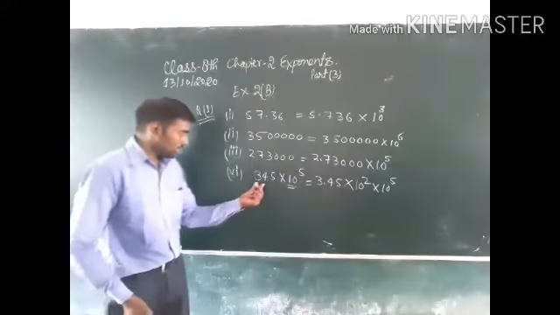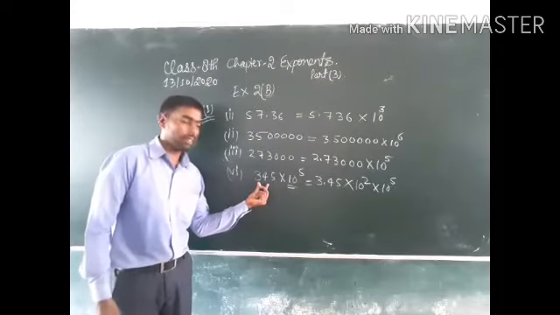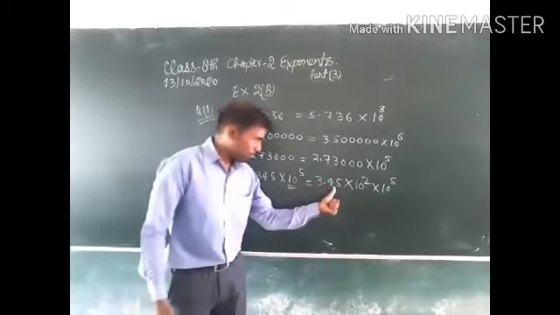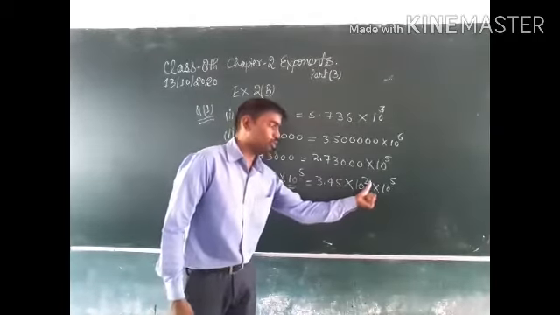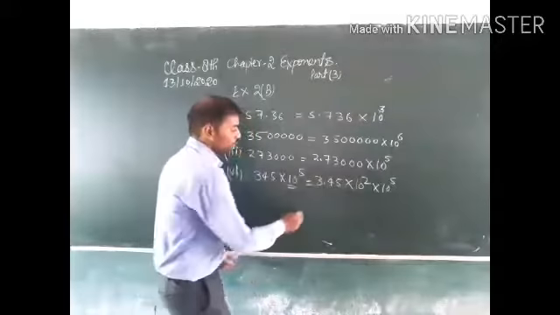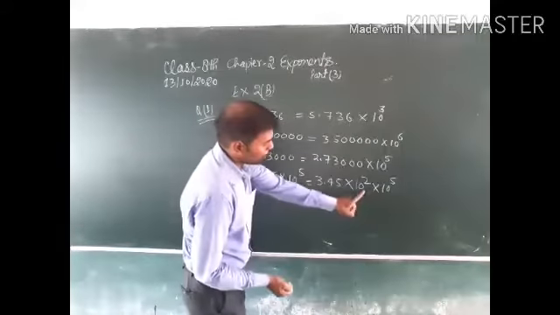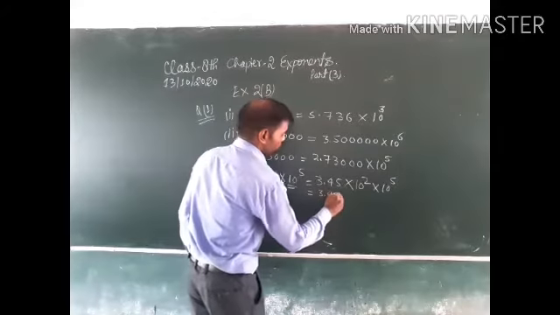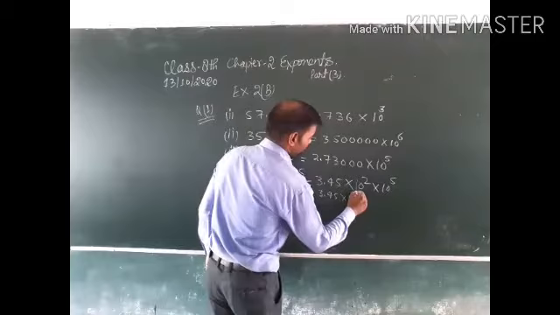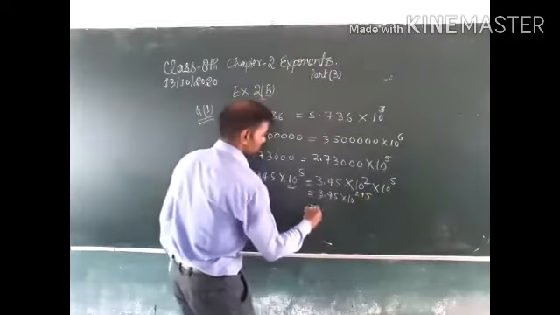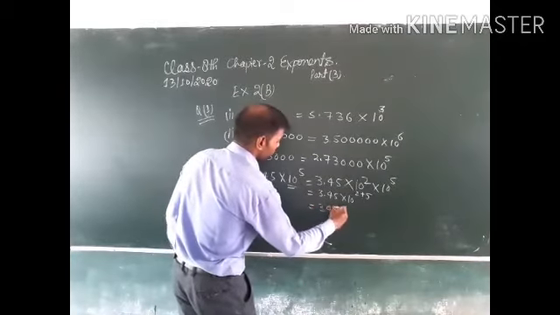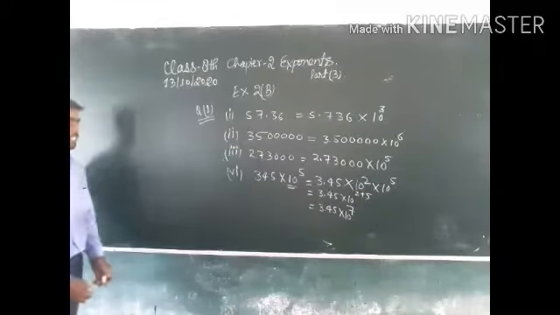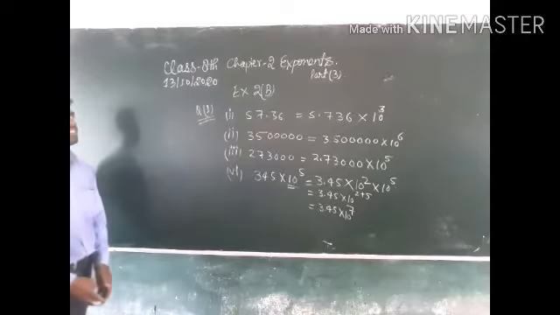First of all, 345 can be written as 3.45 with 2 places, so into 10 to the power 2, and we use the formula a to the power m into a to the power n. It means 3.45 into 10 to the power 2 plus 5, which is equal to 3.45 into 10 to the power 7. So this is the complete explanation of question number 1 of exercise 2b.